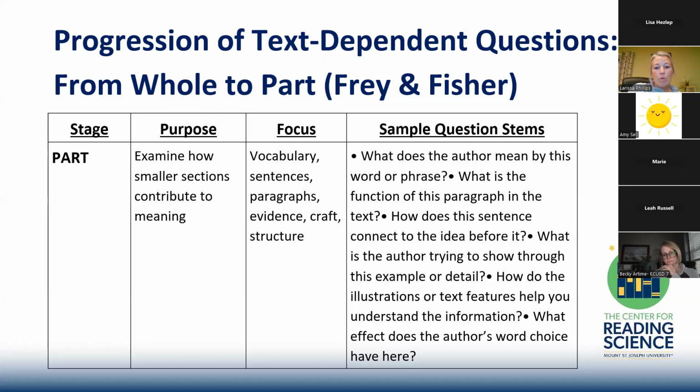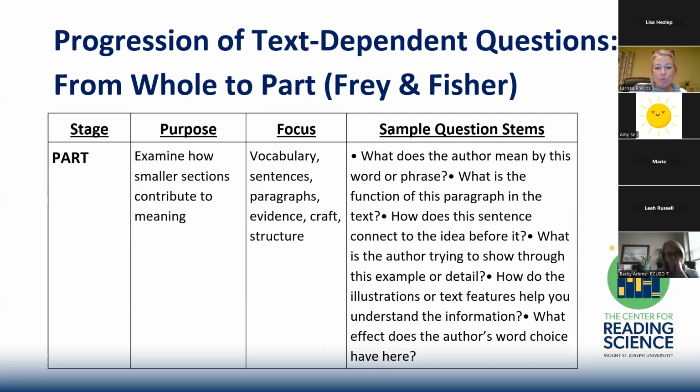We might ask, what does the author mean by this word or phrase? Or what is the function of this paragraph in the text? How does this sentence connect to the idea before it? What is the author trying to show through this example or detail? And you can see there's a few other question examples listed there.